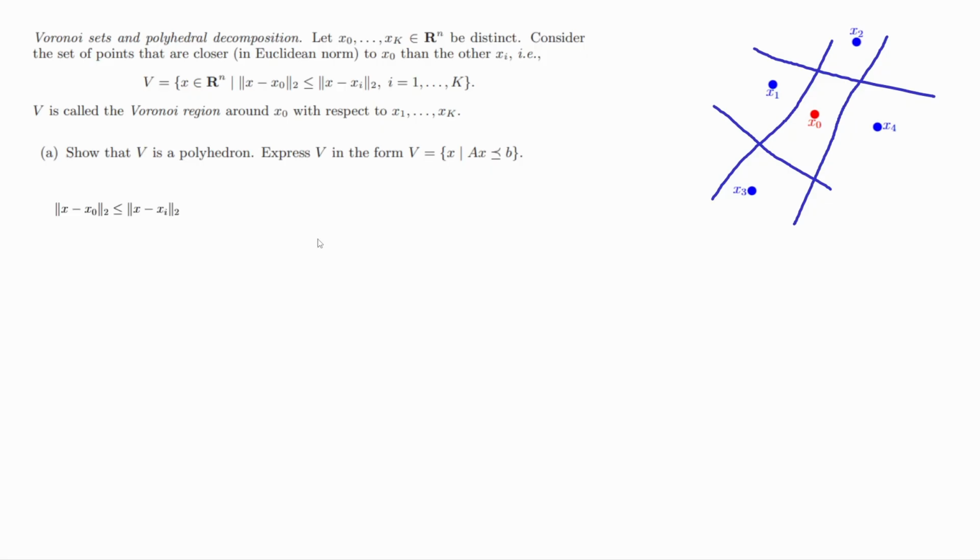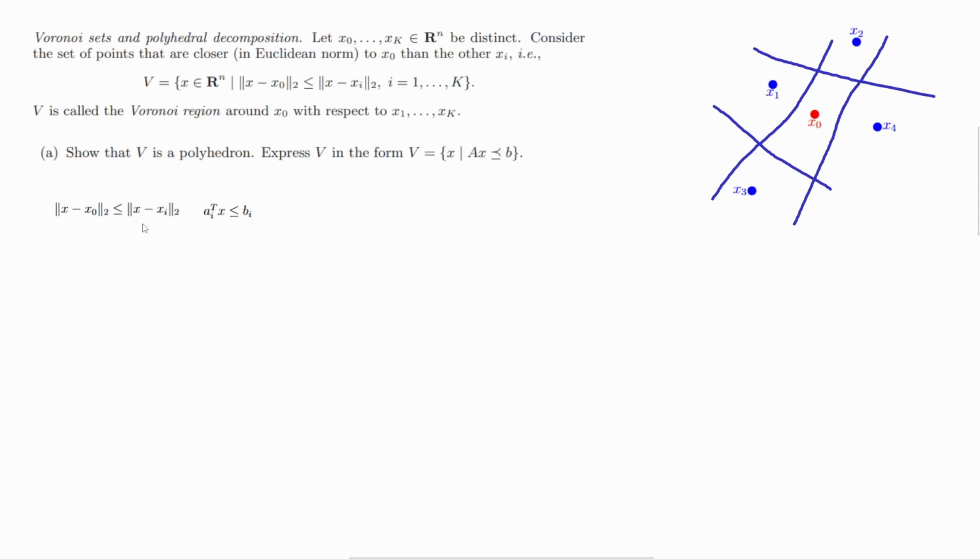We want to show that the constraint for a given x for the Voronoi region is the same as the constraint for the half-space. That is, given x such that this inequality is true, we want to find an ai and a bi such that this inequality is also true. So let's start on the left side with some algebra.